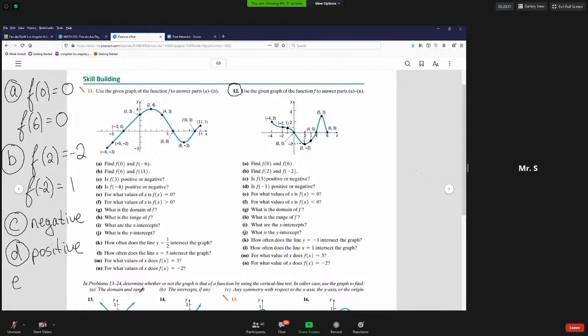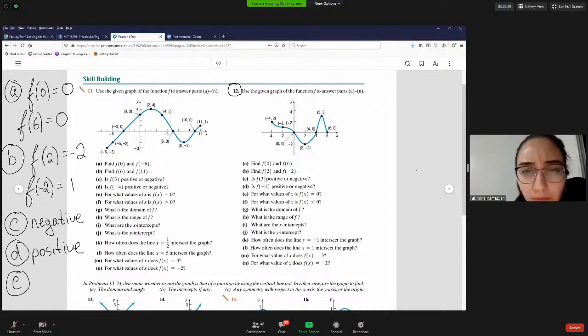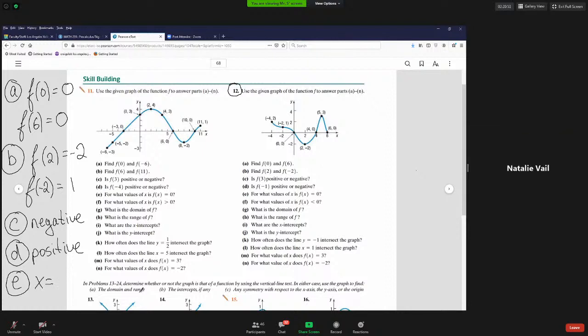Let's fit part E in here, and let me erase my markings. For part E, for what values of x is f of x equal to 0? The origin, right? f of x is the y value. One of them is 0, but are there any other ones?